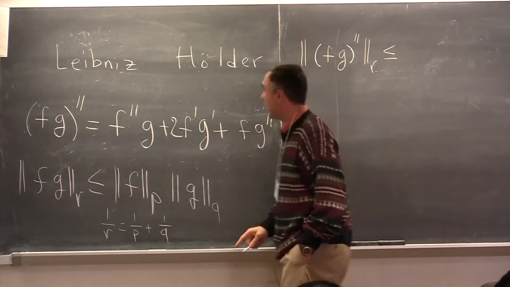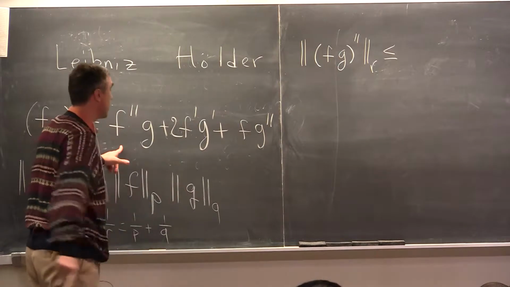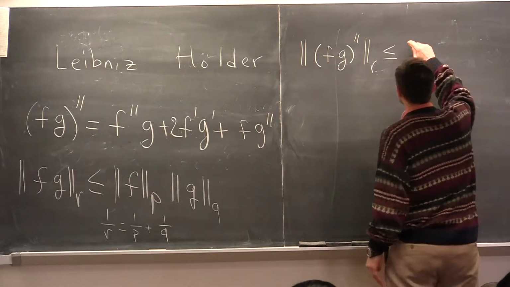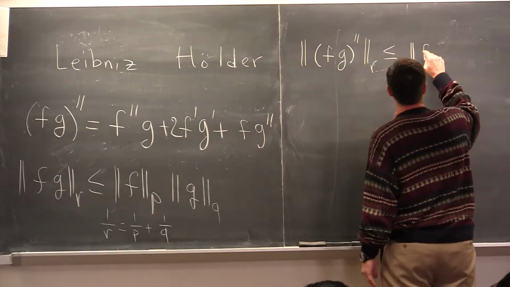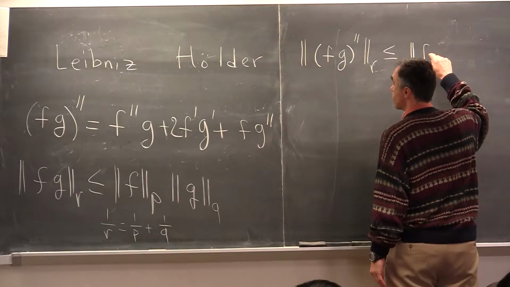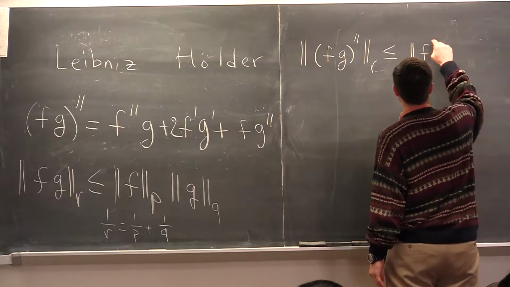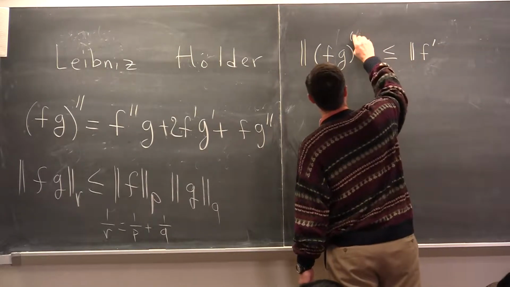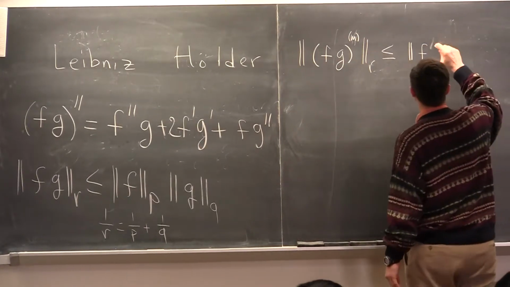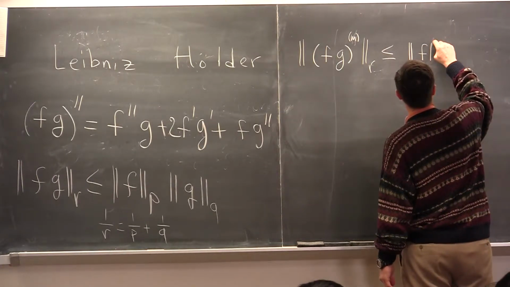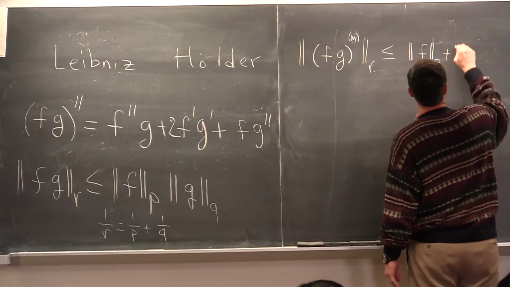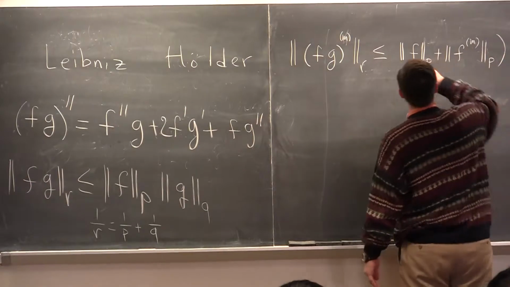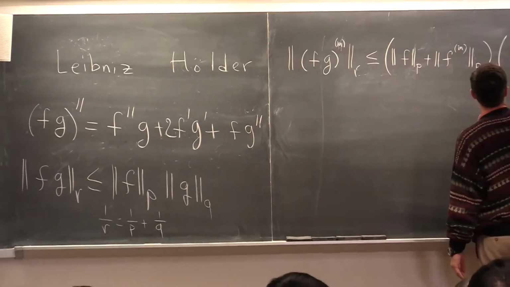Of course, you have the trivial inequality that you obtain if you use the Leibniz identity, but there's also an inequality, let me go with a higher order, that you can obtain by skipping the middle order derivatives.